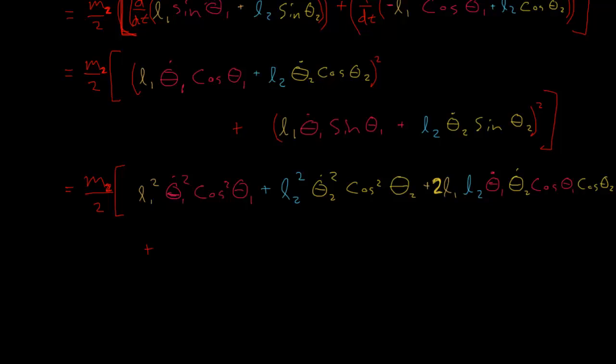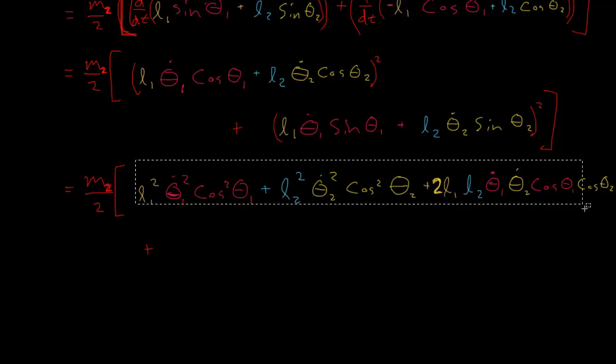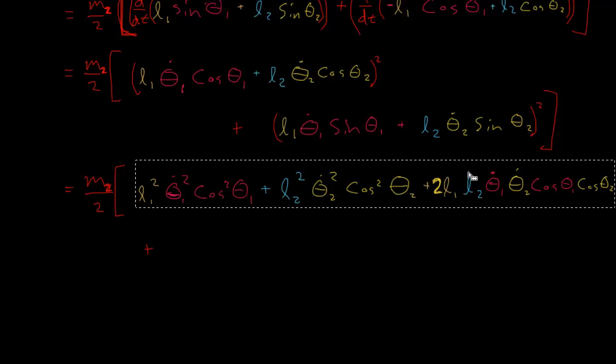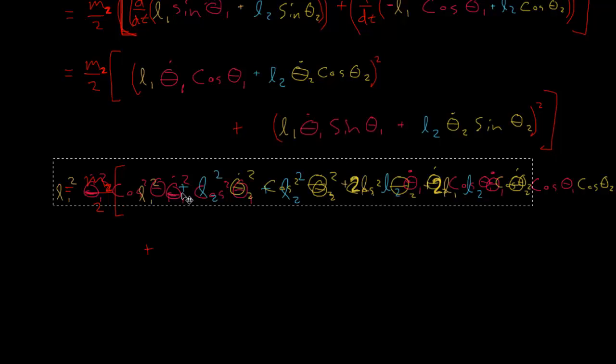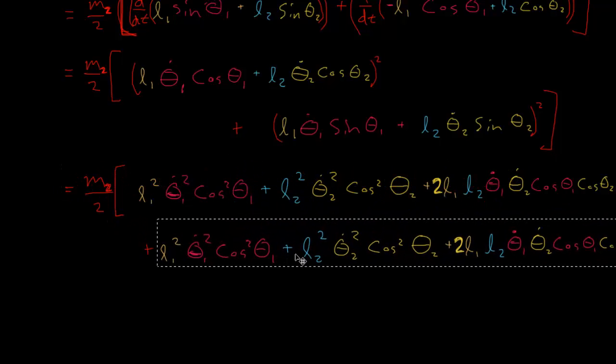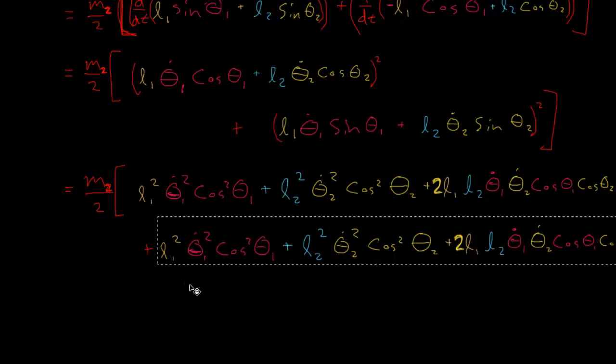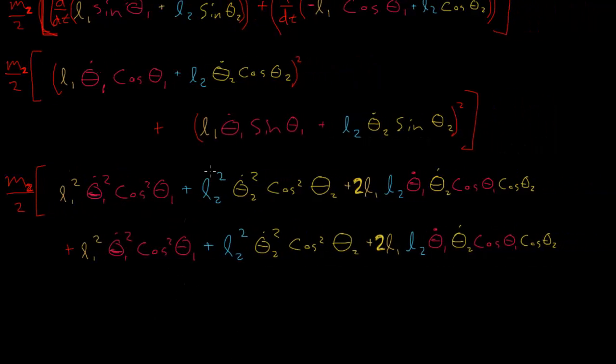So I'm actually going to take a shortcut, and hopefully this isn't confusing. But I'm going to copy this and paste it. Right, so these things look exactly the same, except one's a sine and one's a cosine. So I'm just going to erase the cosines and make them sines, and make the sines into cosines. Because these are so similar, it'd almost be a waste to rewrite them all.